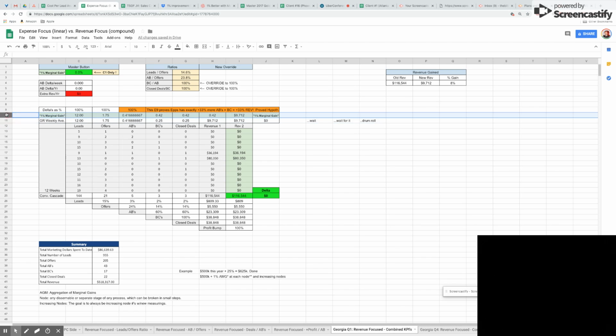And then what I did is this row 10 is the magic row. This is the magic of the compounding. If I go to my master button C2 and I just say Anthony's going to get 1% better at everything. Now, I've got to pause. 1% better: Geoflip is going to be 1% better at delivering leads. Anthony's going to be 1% better at making offers.